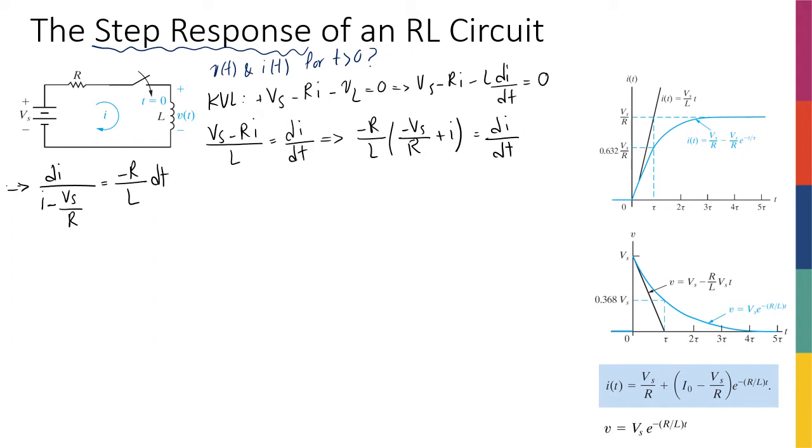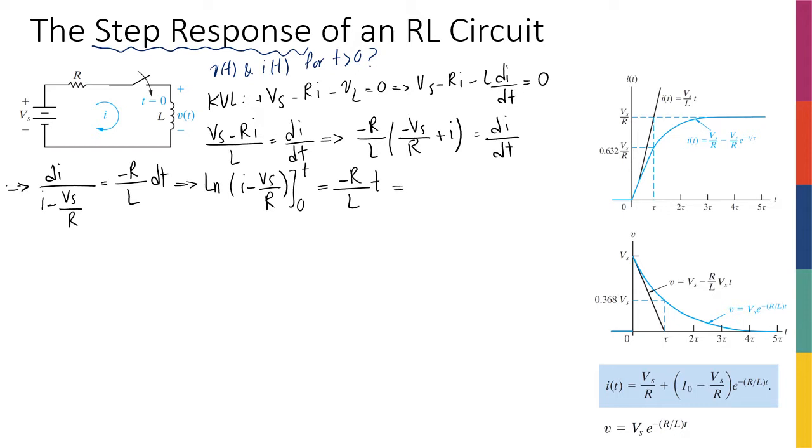Now I can do my integral. So ln of i minus Vs over R. Remember, Vs is a constant value. It's just the voltage source value. i is the only time-dependent parameter here. Ln of this from 0 to t is going to be equal to negative R over L times t.